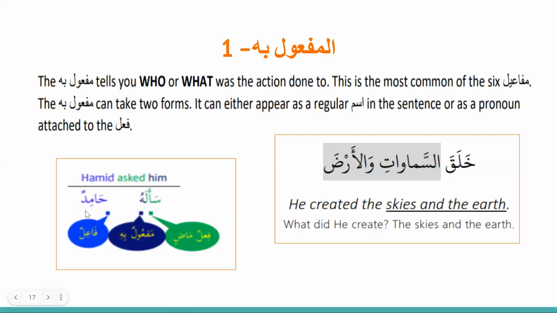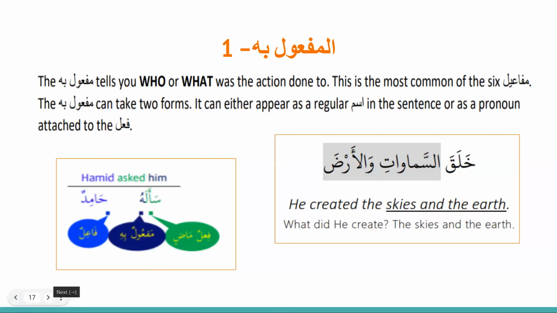Hamidun is a rafa ism, so it is an outside doer. So the translation would be: Hamid asked him. Who is the attached pronoun, and it is the maf'ul bihi. So who asked? Hamid asked. Whom did he ask? Hamid asked him, another person.